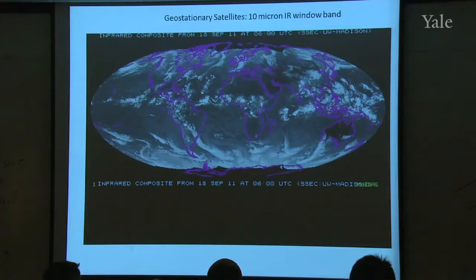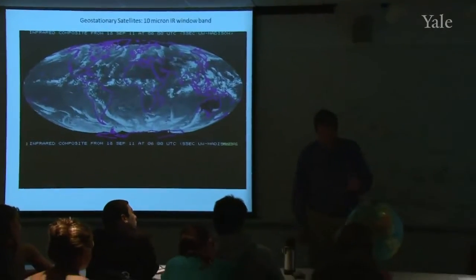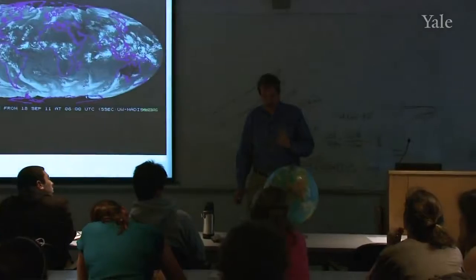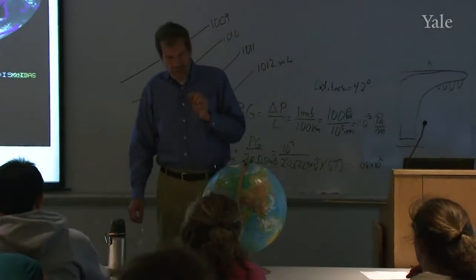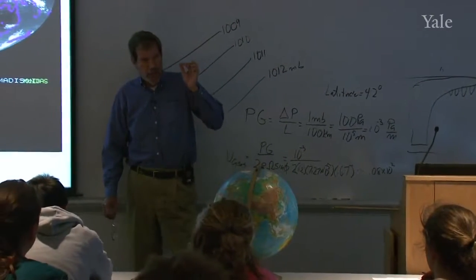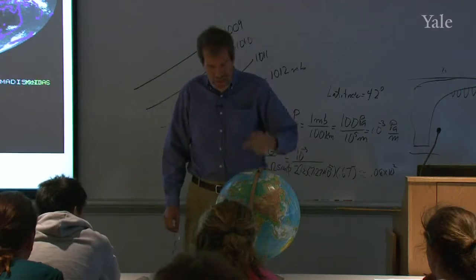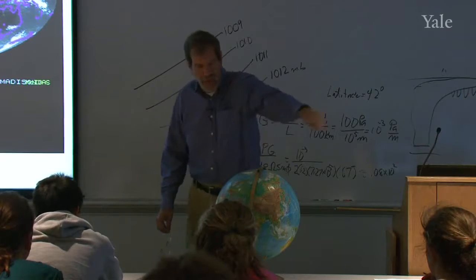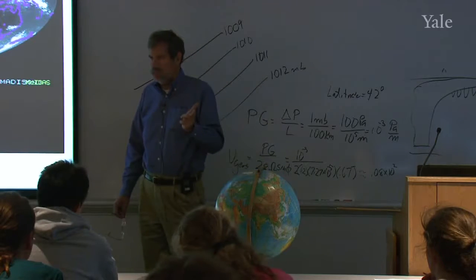What this is is a composite of several. Let me get my globe up here for a minute. So the globe is spinning, of course, like this, but there are several satellites in orbit of a type called geostationary satellites. If you put a satellite in orbit approximately this far from Earth, about 42,000 kilometers, the time it takes to go once around in its orbit just happens to be 24 hours.